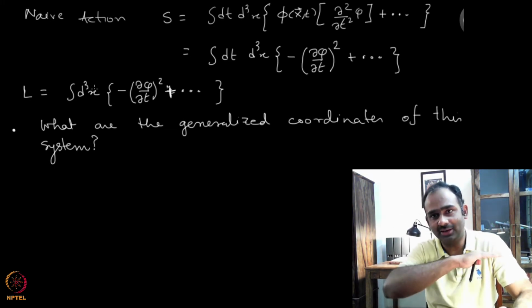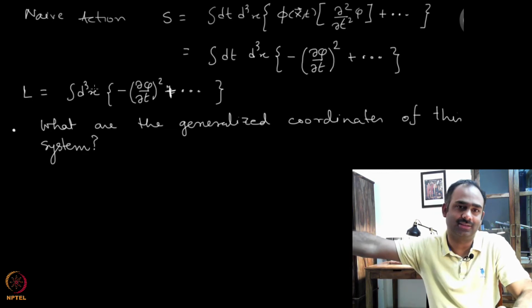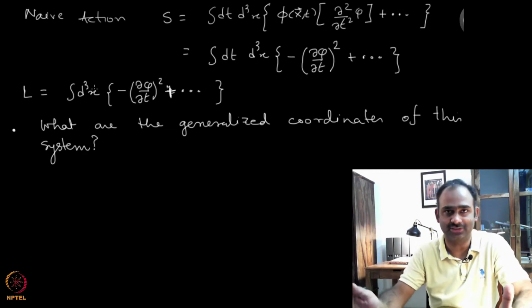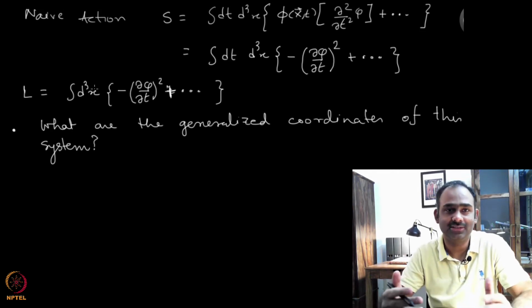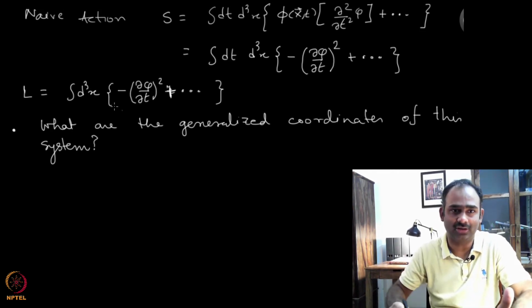Once you specify phi over all the space, then you have specified the configuration of the system. It is not x, x is not at all a coordinate.